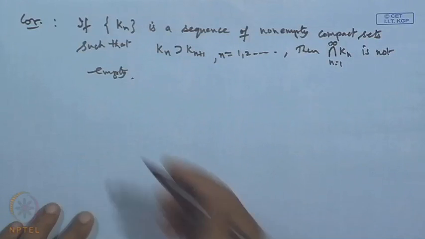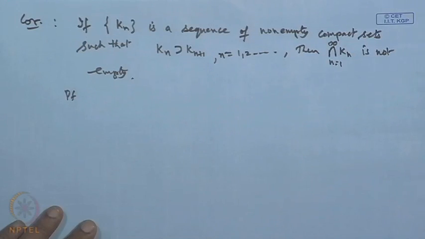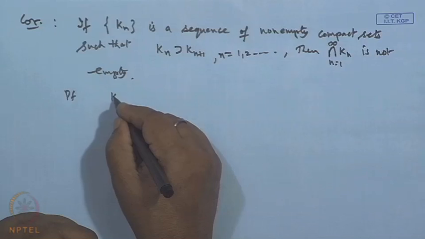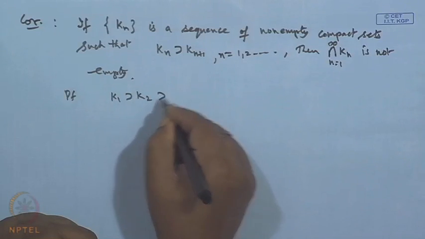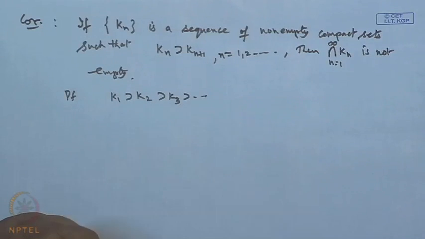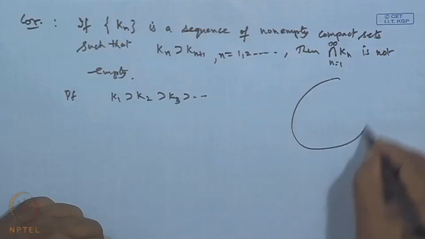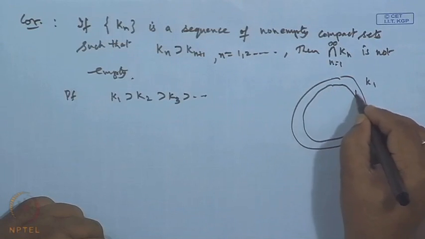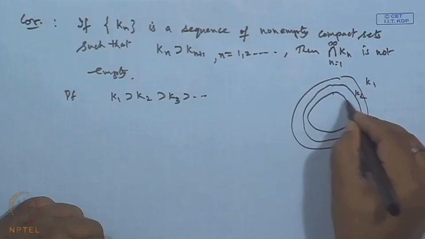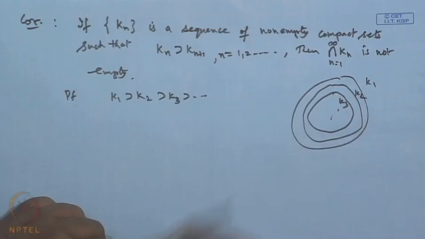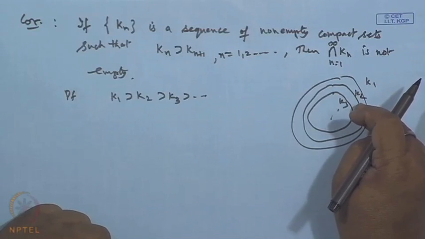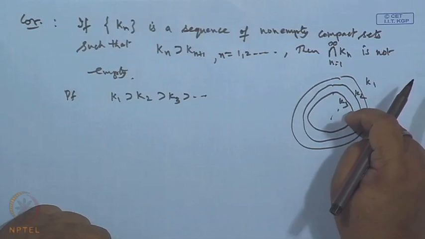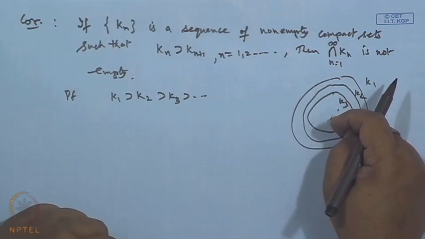The proof follows from there, because what is given is K1 contains K2, contains K3, and so on. So, this is our K1, here is K2, here is K3 and like this. If I take any finite collection of K n's, then their intersection is non-empty.